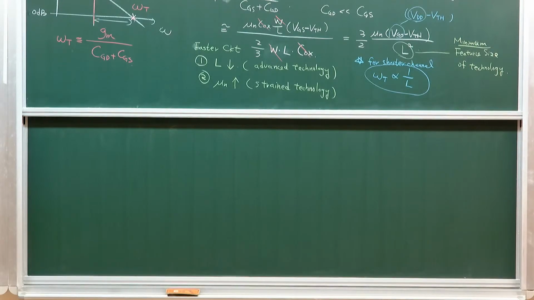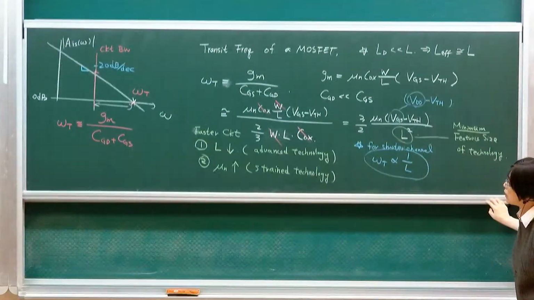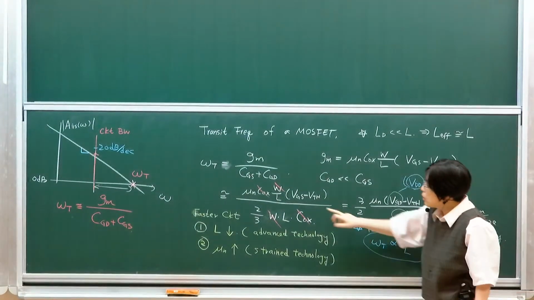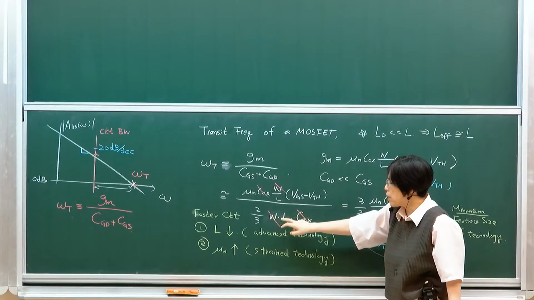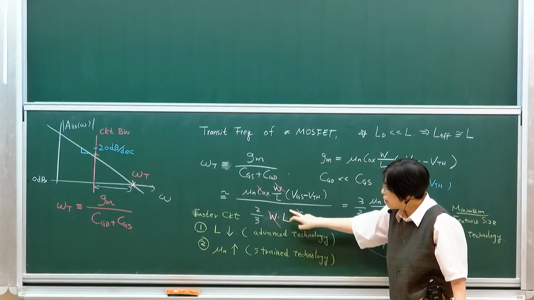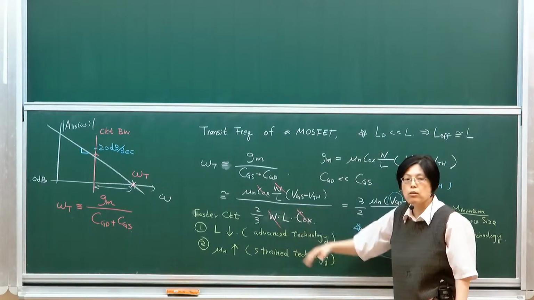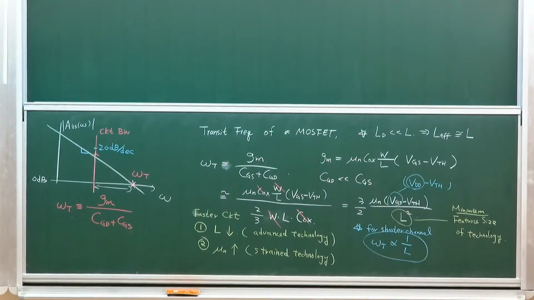If you look at this, increasing your drivability is on the numerator. In the denominator, reducing L will lead to smaller capacitance. So a smaller bucket and higher current will allow your overall circuit performance to push for higher frequency or higher bandwidth. Okay, good.